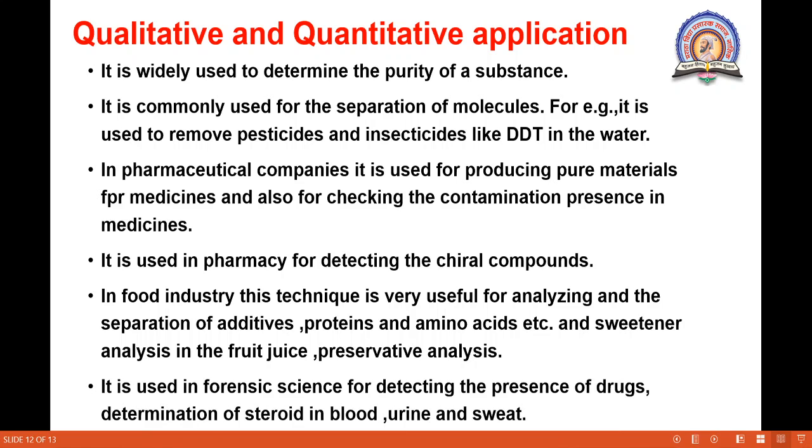Okay. It is used in forensic science, for determination of steroids in blood, urine and sweat.